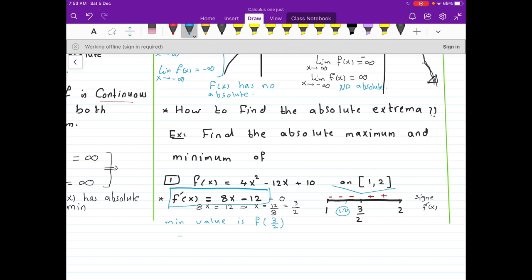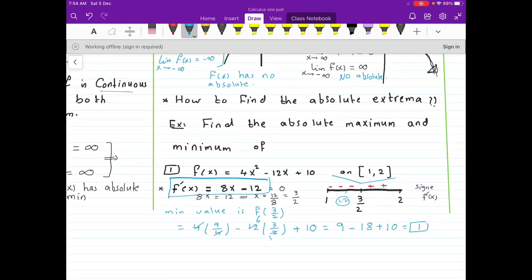If we substitute 3 over 2 in the function: 4 times 9 over 4 minus 12 times 3 over 2 plus 10. So this is equal to 9 minus 18 plus 10, which equals 1. So the minimum value for the function is 1.